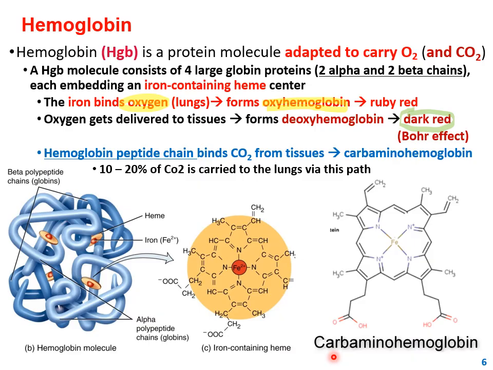Hemoglobin has carbon dioxide attached at some point, but not to the iron. It attaches to the polypeptide chain at the end here of your heme group, not to the iron. And this is also what causes this Bohr effect, right? So the blood will look darker.